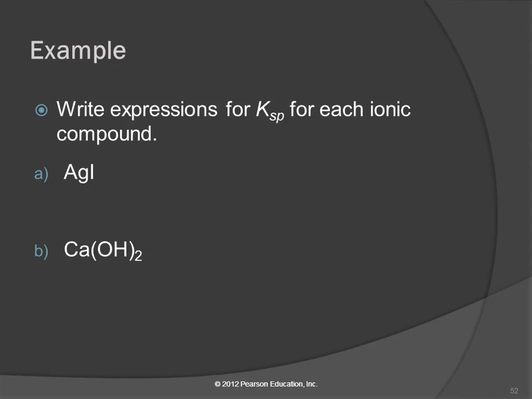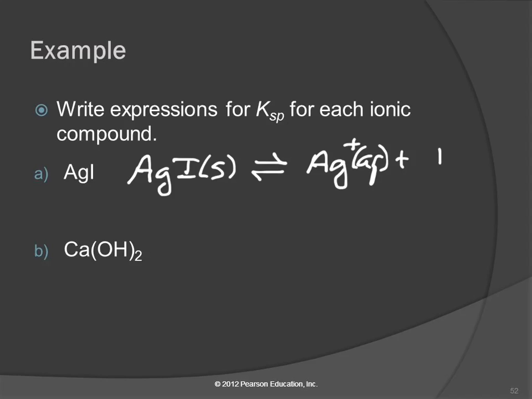Let's write Ksp expressions for each of these ionic compounds. The first thing we have to do is write the chemical equation. So what we do is we start with the compound as a solid, and that's in equilibrium with the two ions. What are the two ions in silver iodide? Ag+ and I-.